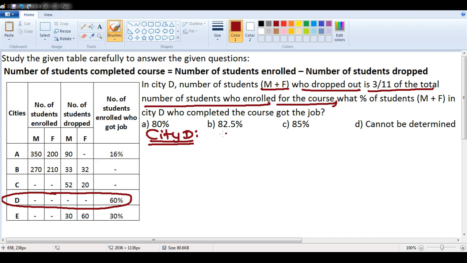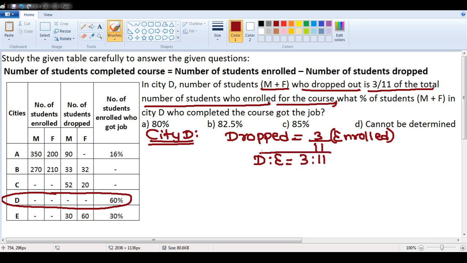That means they are saying dropped out is 3 by 11th of people who enrolled. In other words, the ratio of dropped out to enrolled is 3 to 11. This is what I can understand as of now.